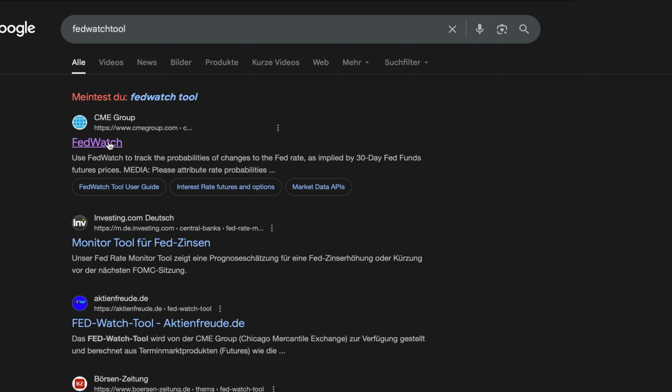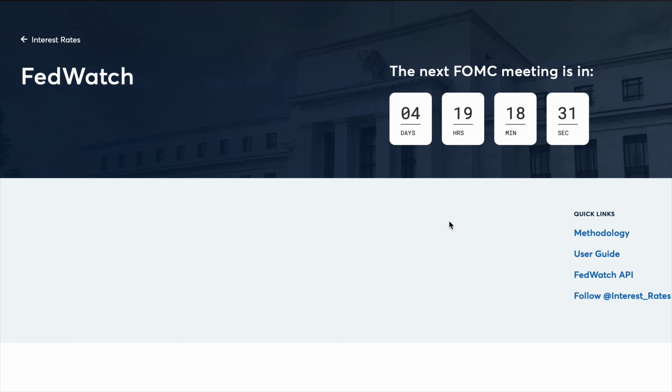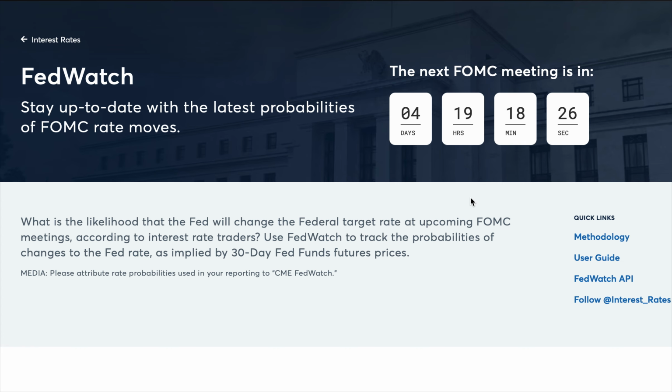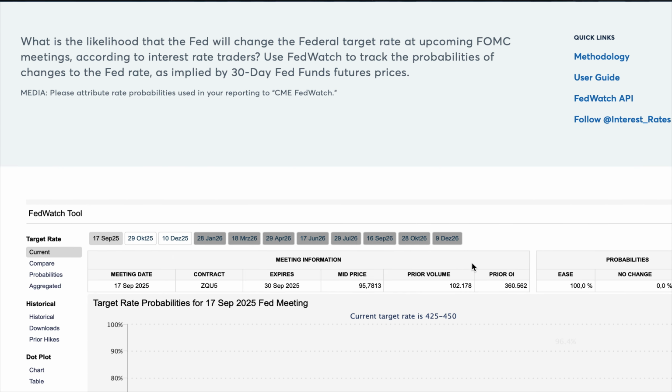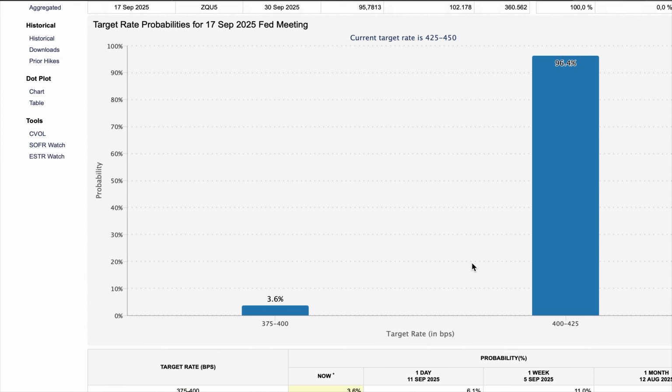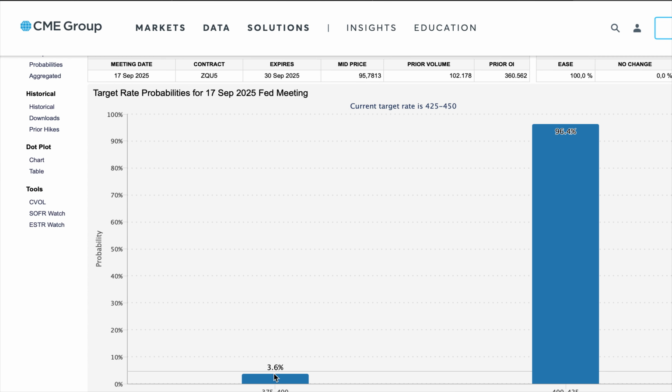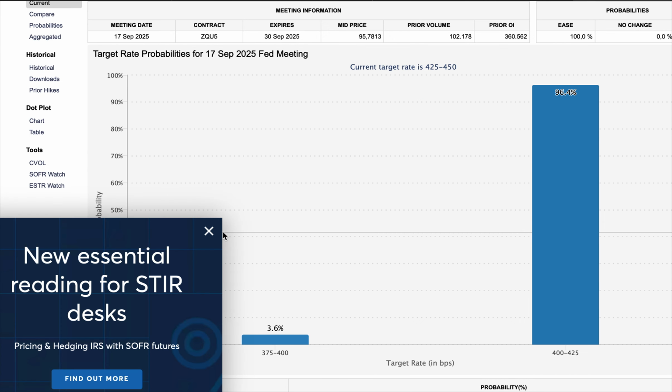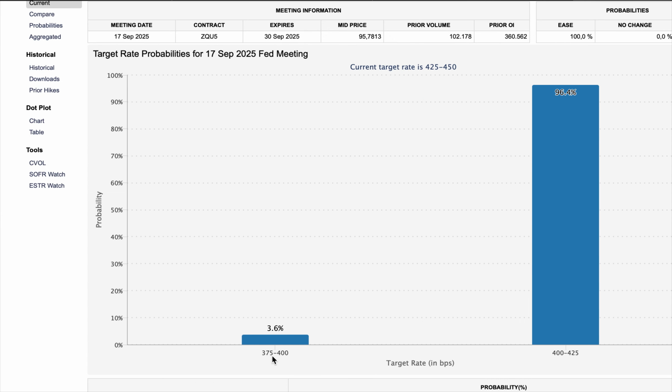So if we look into the FedWatch Tool, it's loading. Then you can see in 4 days there is an FOMC meeting where the rates are going to be published. And here you can see the probabilities. The market even thinks with a 3.6% probability we are going to see a 0.5% rate cut. 96.4% thinks that we are going to see a 0.25% rate cut.